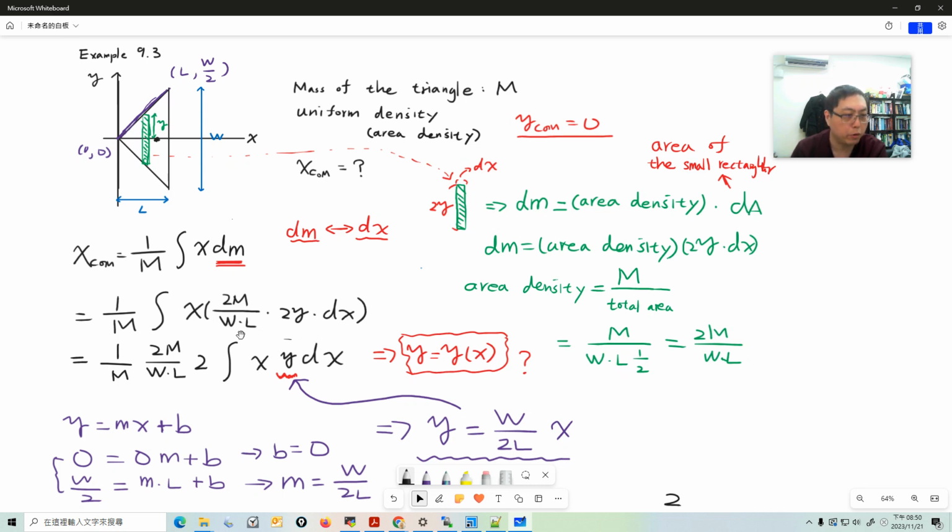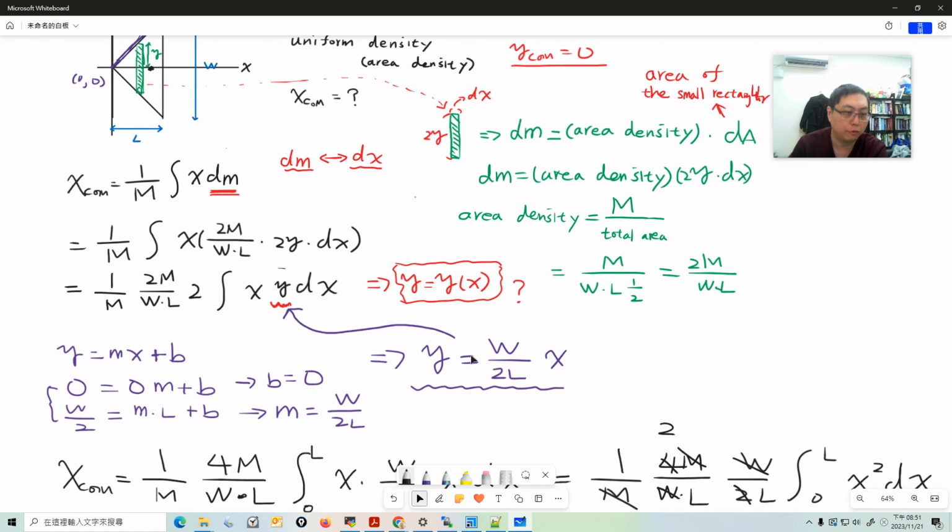And we'll get this equation, but we have something else that comes out. The y comes out. We have to find a relationship between y and x and replace y by x. Because otherwise you cannot do this integration. You have to replace y with x, or this integration is not doable.